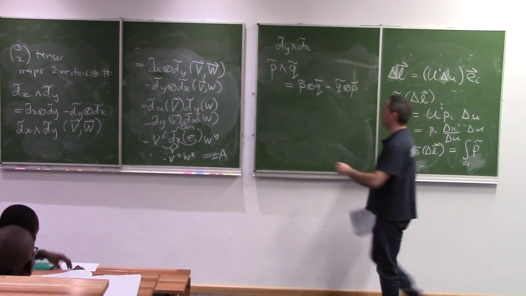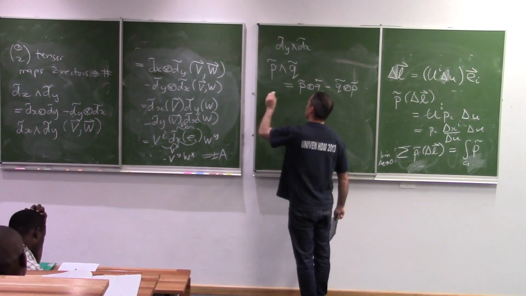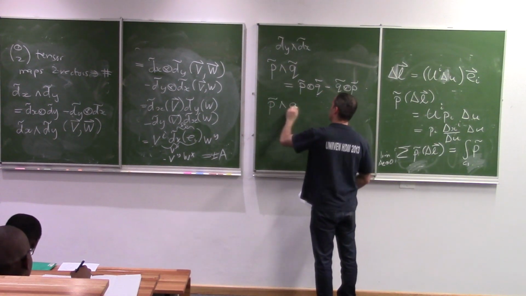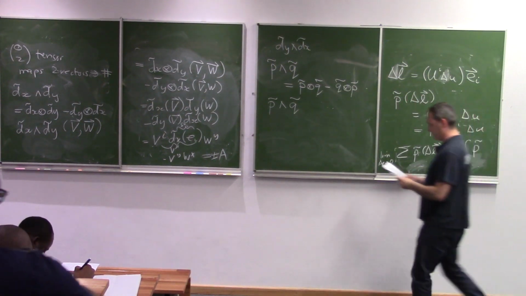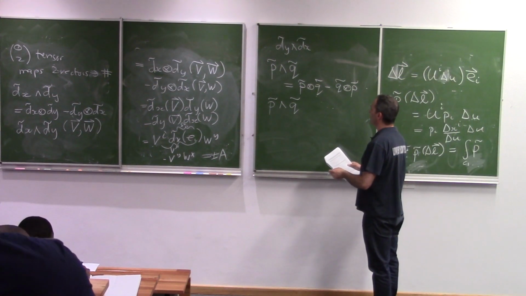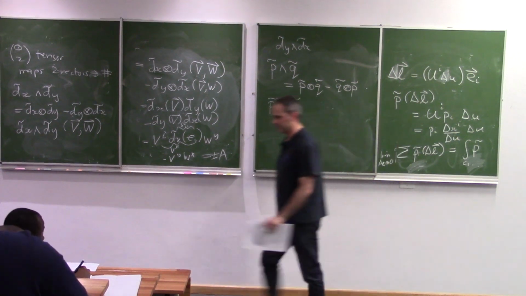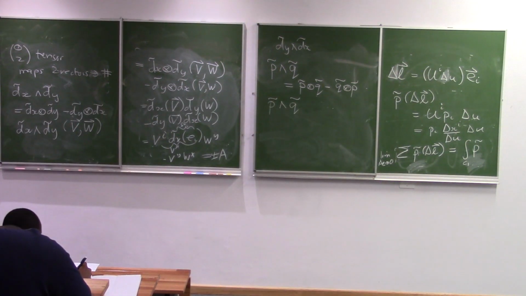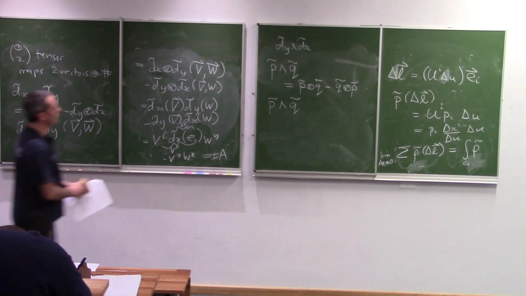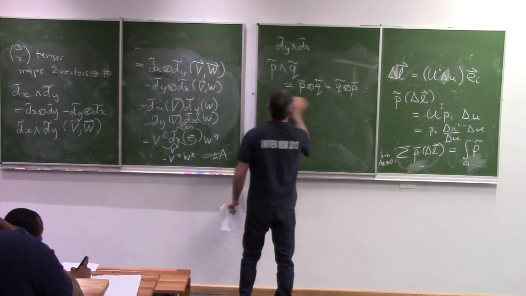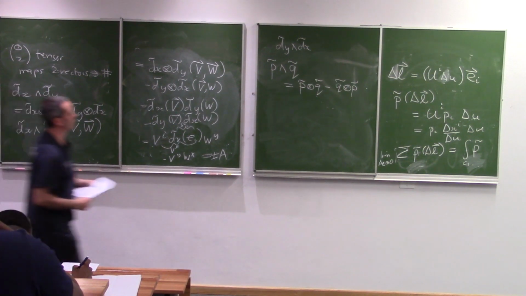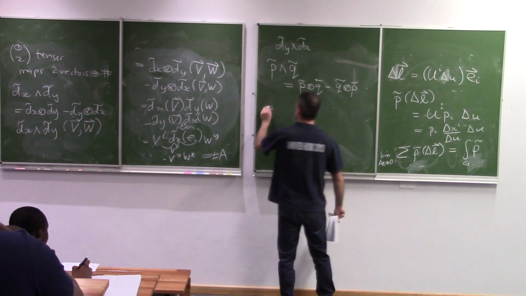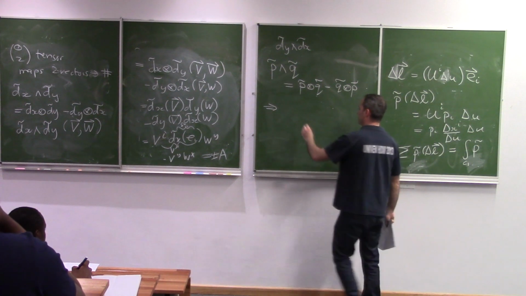So let's look at the components. Let's see how this object acts on two arbitrary vectors. Okay, well, let me just mention: it's not hard to see from this definition that the wedge product is antisymmetric.